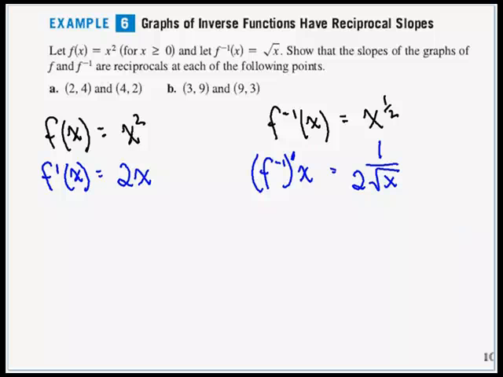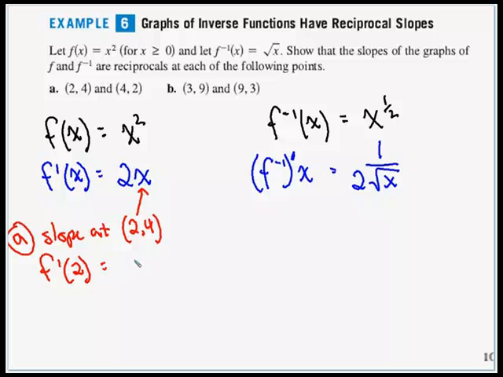And let me switch over here to red. For part A, we want the slope at the point (2, 4). So to find the slope here at (2, 4), we plug that x value in. So we get f prime of 2 is equal to 2 times 2, or 4.